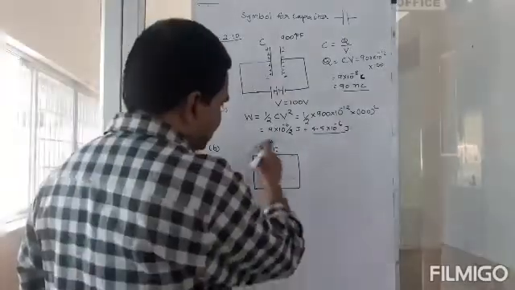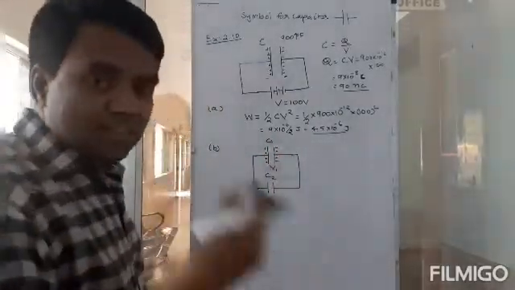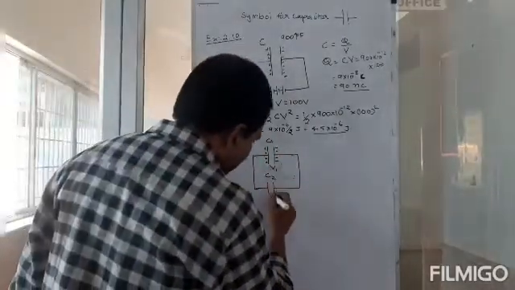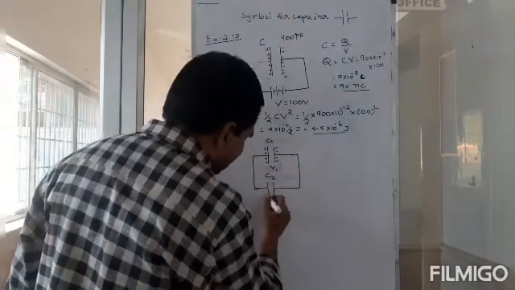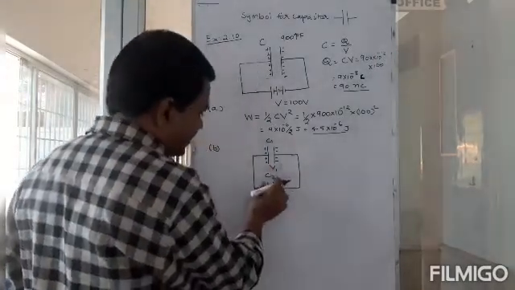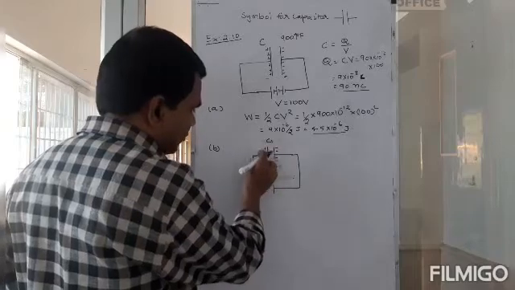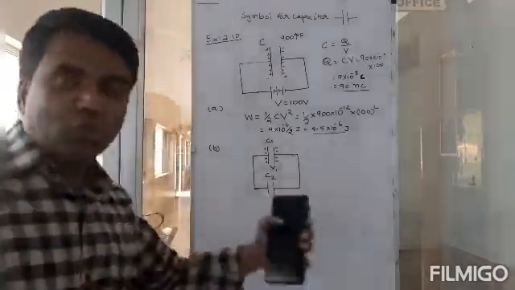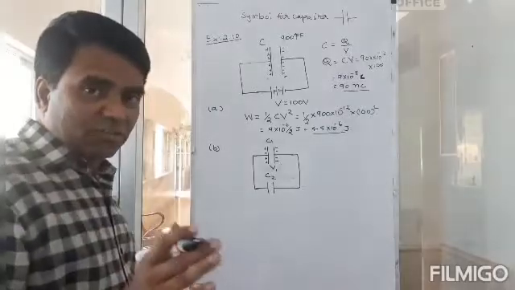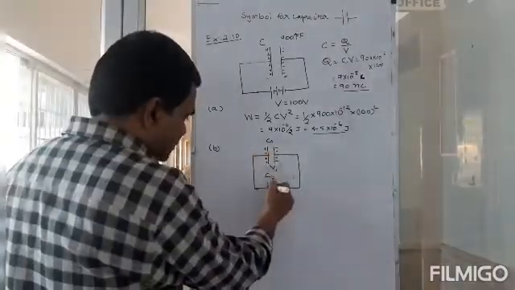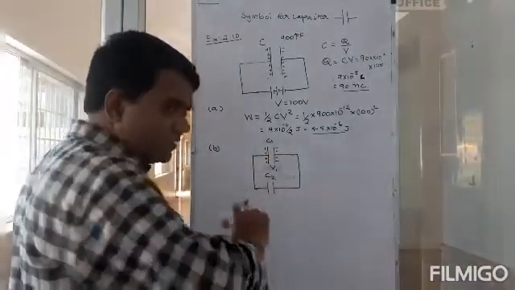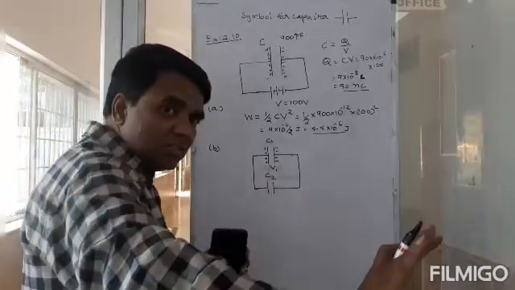Charges will start flowing, and when will they stop? As charge is flowing, voltage will be built up here, and when this voltage is the same as this voltage, then the charge flow will stop. So that is when they will stop. They become one single conductor. The potential across the conductor will be the same. So then the charge flow will stop.